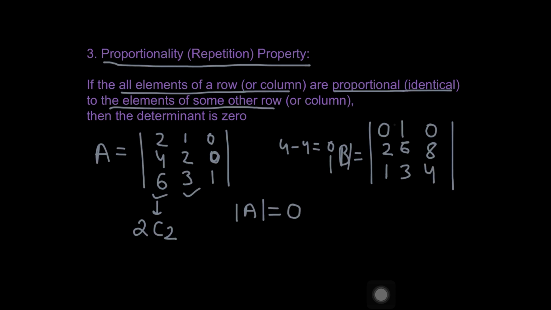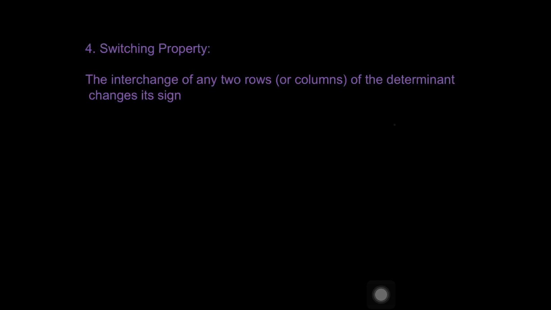So if we find the determinant of this also, it will come, see, 8 minus 8 into 1, so it will be 0. I hope this is clear. If the elements of a row are proportional or identical to some other row, then the determinant will be 0.